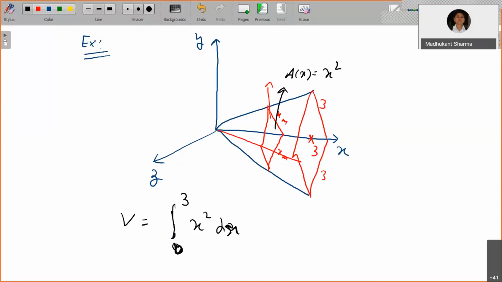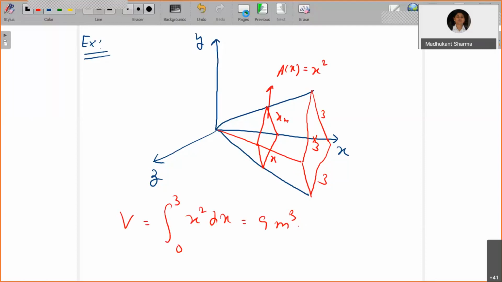So you are going to vary the x value from 0 to 3 along this cross section. That equals x cubed by 3, and that's going to be 9 meter cube. Okay, right.